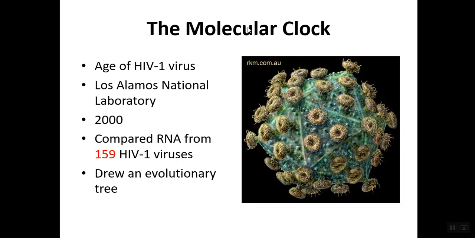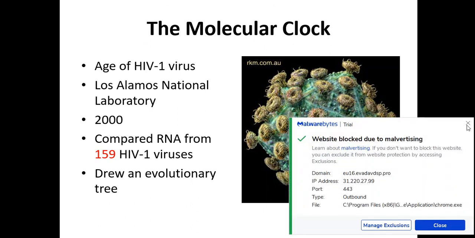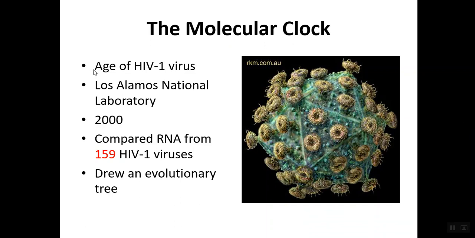All right, now, based on the molecular clock, I want to tell you how we have been able to understand the age of the HIV virus. Again, guys, this is a virus, but to be precise, the HIV virus as well as coronavirus doesn't carry DNA as genetic material.